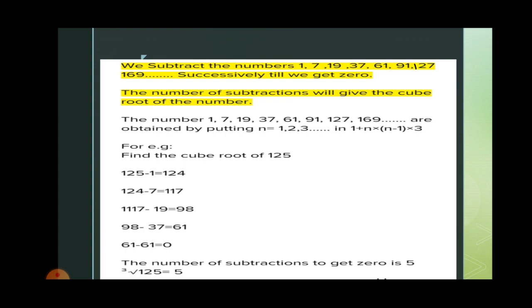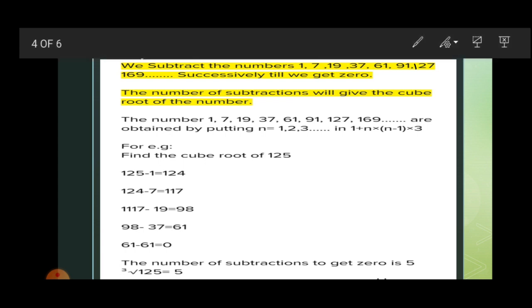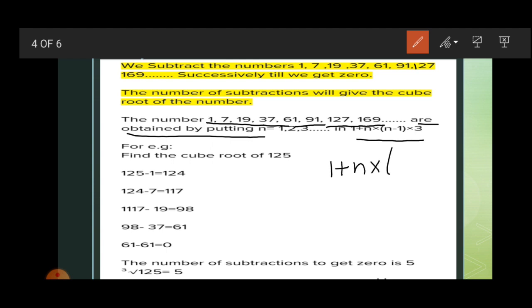The numbers 1, 7, 19, 37, 61, 91, 127, 169 and so on are obtained by putting n equals 1, 2, 3, 4, up to any natural number in 1 plus n into n minus 1 into 3.